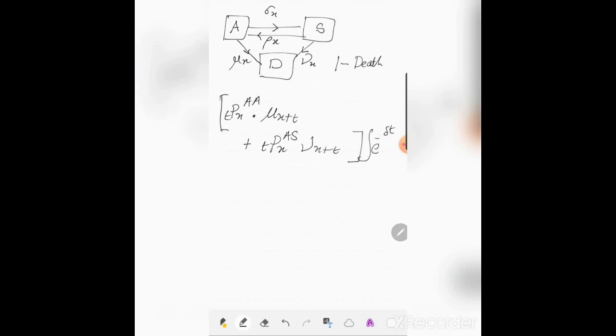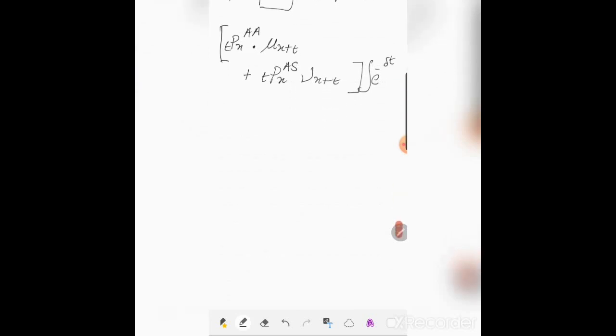Similarly, if I'm looking at the active in case of the sickness, what is the sickness part of it? So it's tPx, so this is active and sick.